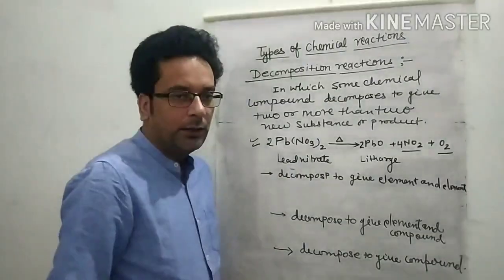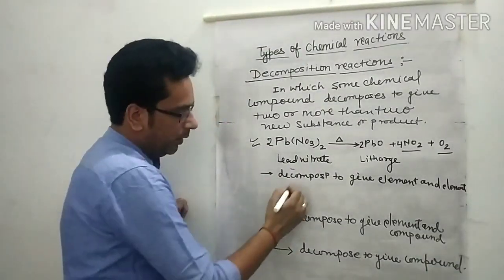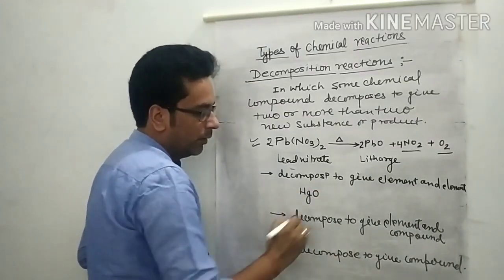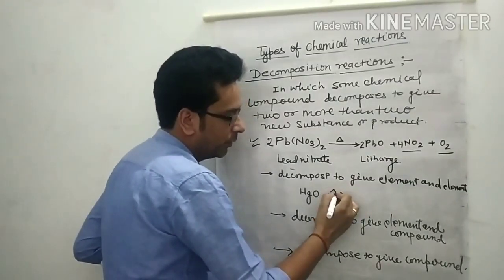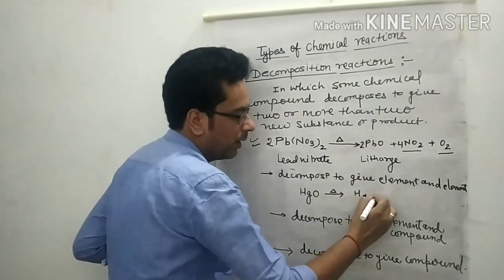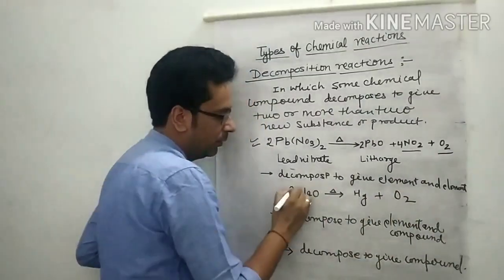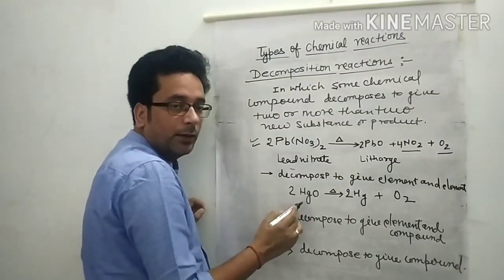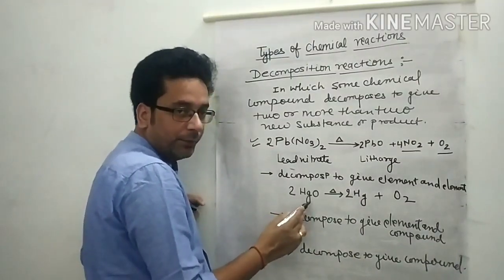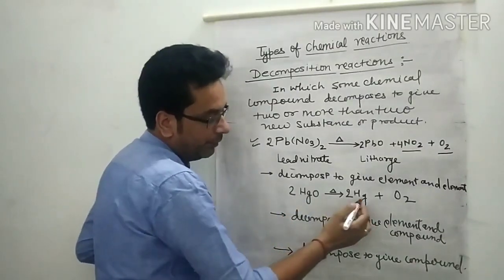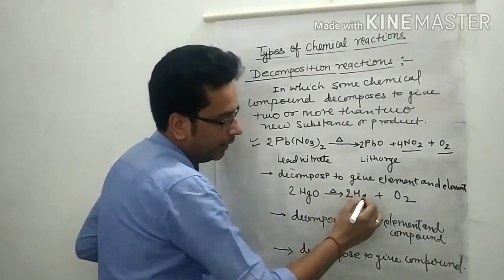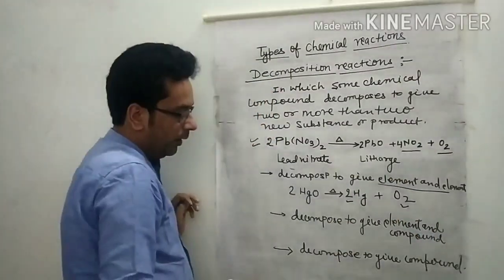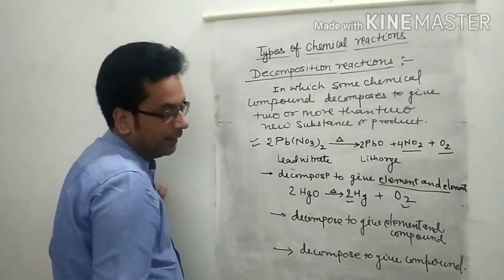Now look at an example. In the case of HgO, mercury oxide, it decomposes to give mercury and oxygen, both are elements. Now, decompose to give element and compound.